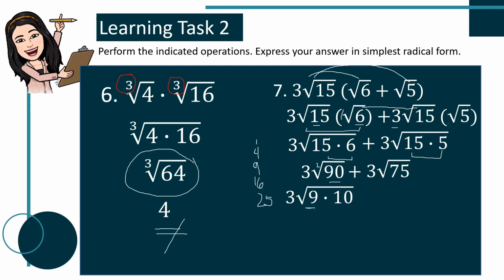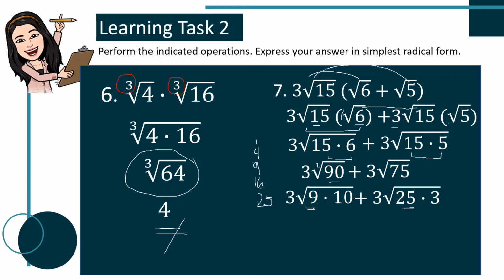Maliwanag? How about 75? Pili kayo dito ng isang factor ng 75 na perfect square. That would be 25 times 3. Tama ba? Yung 25 ang ating perfect square. So in this case, we can extract these perfect square numbers. Extract na natin yung root, at imumultiply natin sa coefficient.